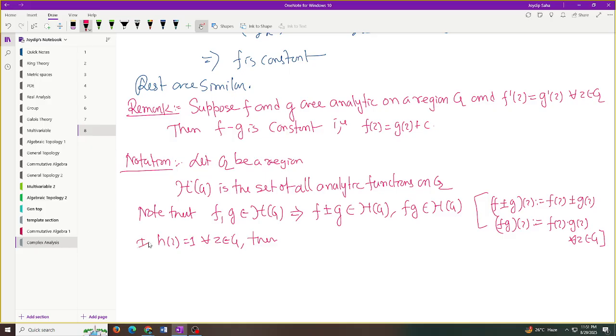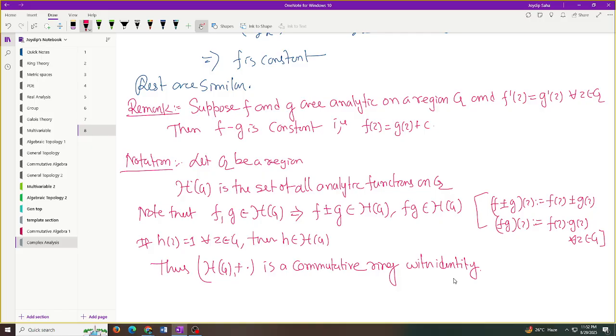Then h belongs to H(G). Thus H(G) with plus and dot is a commutative ring with identity. Is it integral domain? Is it field?